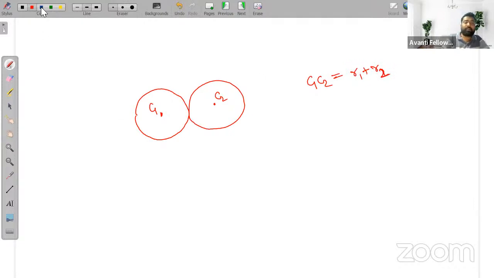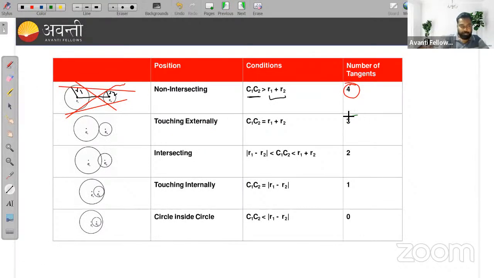And in this case, how many common tangents can we draw? We can draw 3 common tangents. One is this, the second is this, and this is my third common tangent. So in this case, we can draw 3 common tangents. Clear?